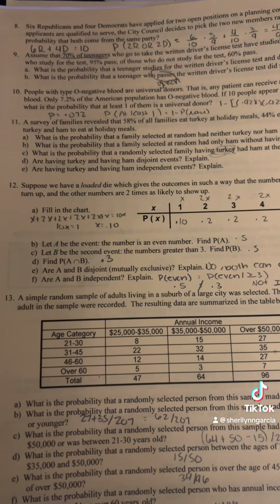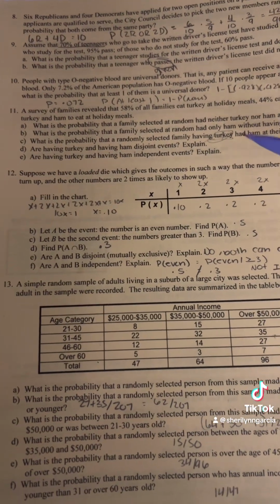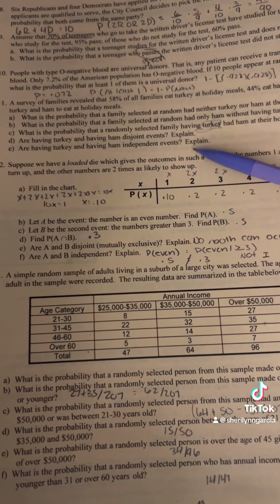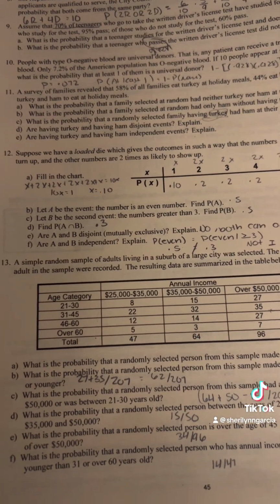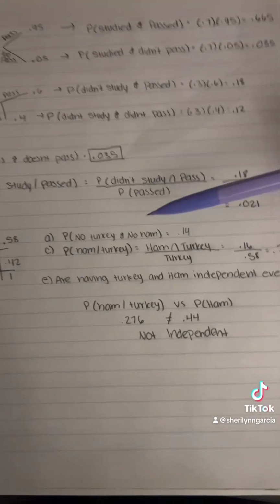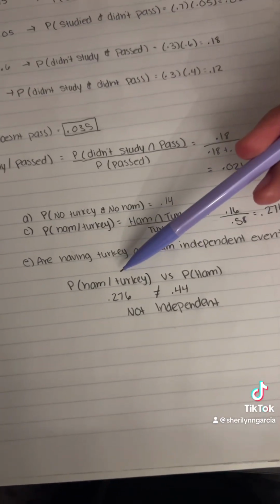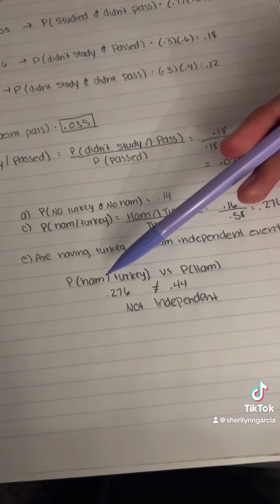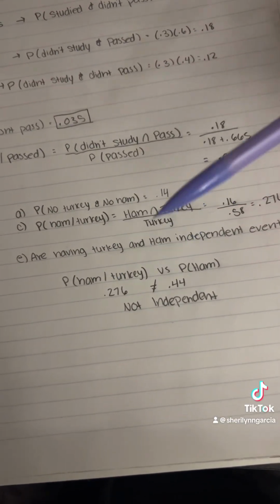Okay, now we're going to skip down to E. This one says, are having turkey and having ham independent events? Explain. So this is another one of the independent ones. So this one, you're always going to have to do a given. It doesn't matter if it's probability of having turkey given that they had ham.